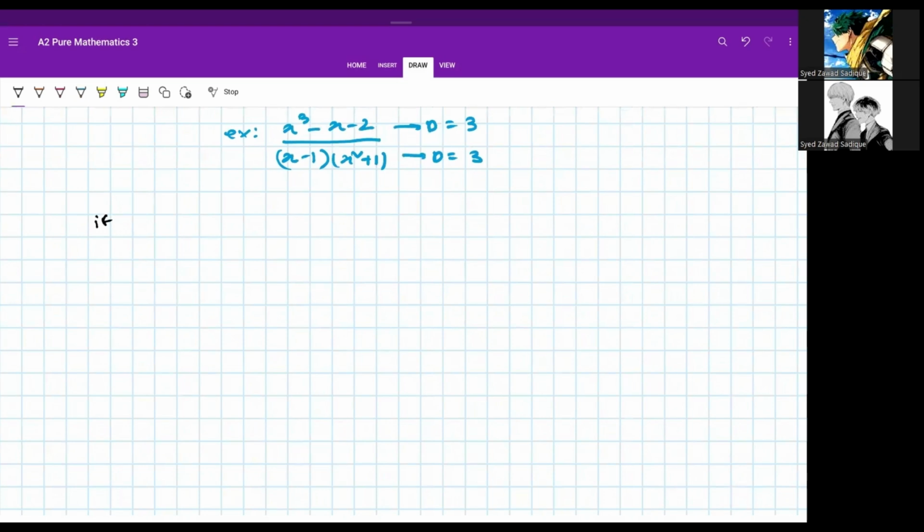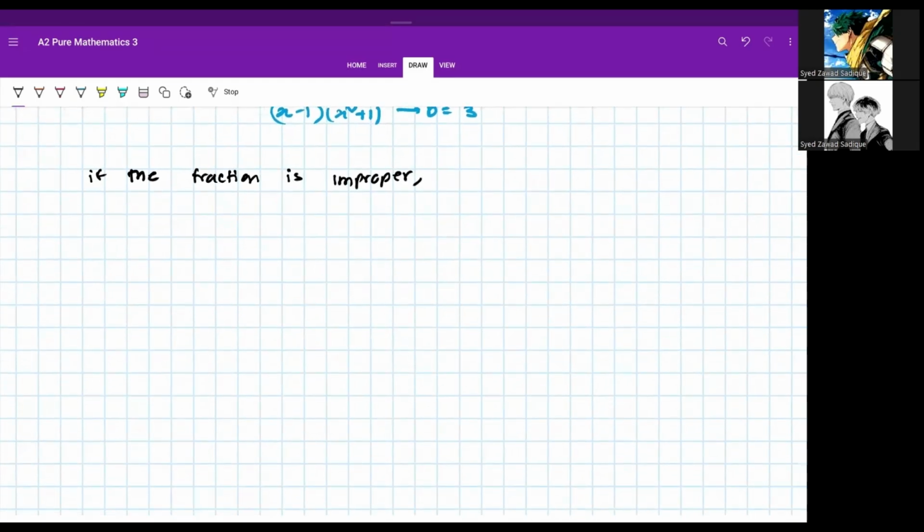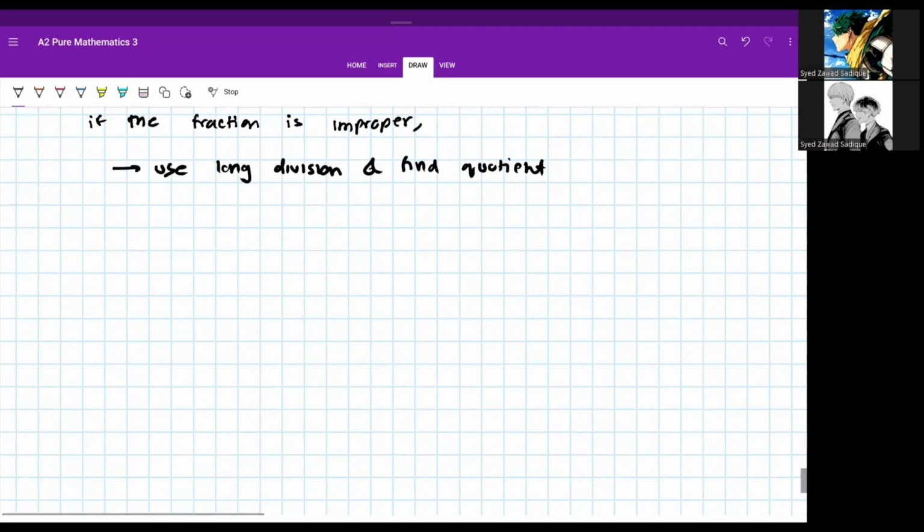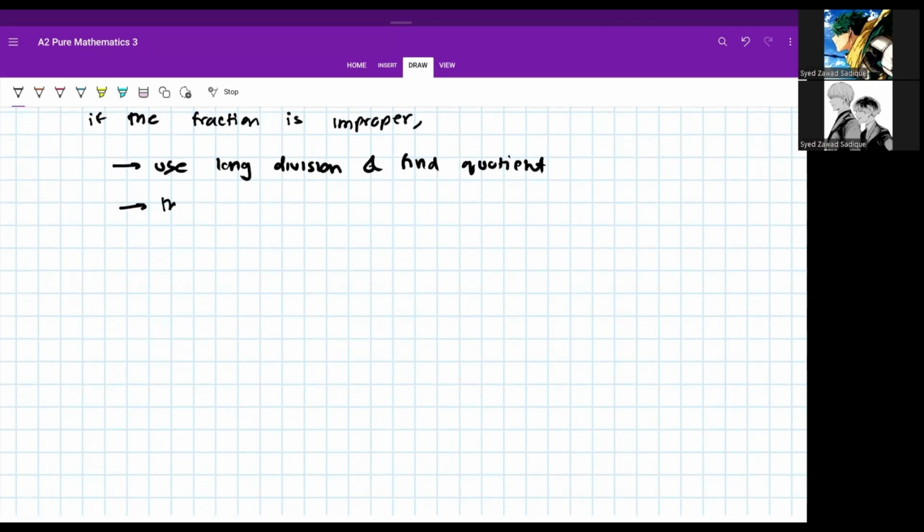If the fraction is improper, two steps: use long division and find the quotient, then use partial fractions with the remainder.